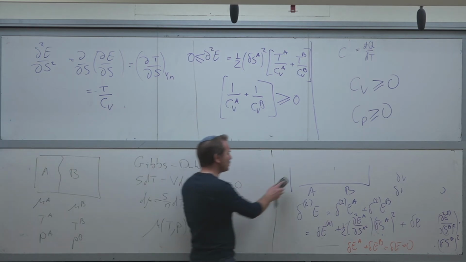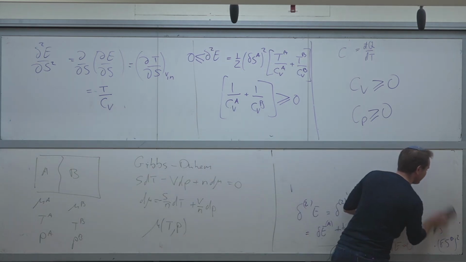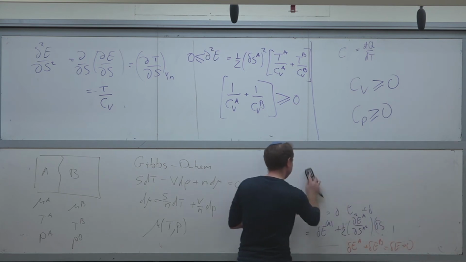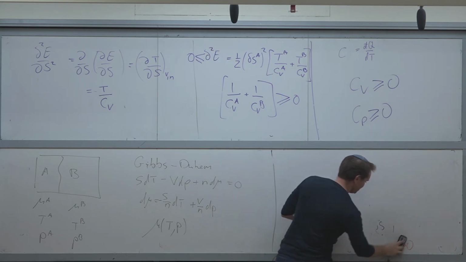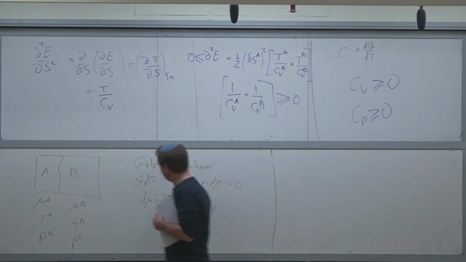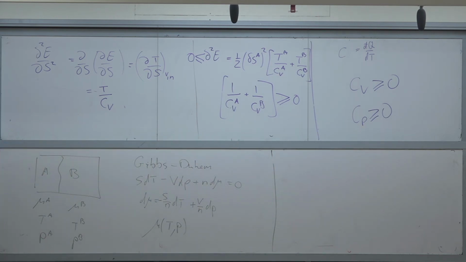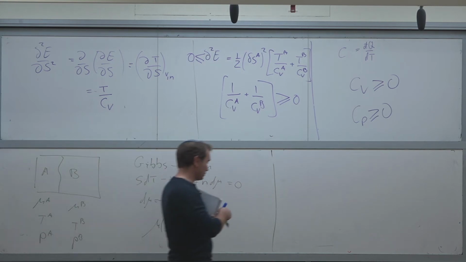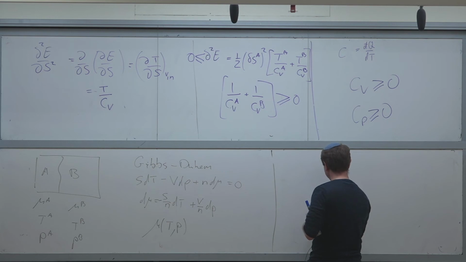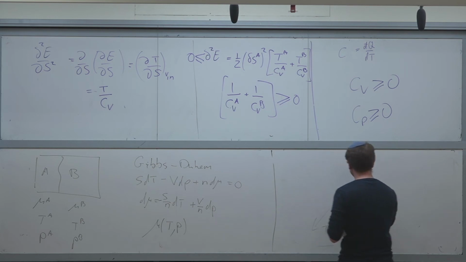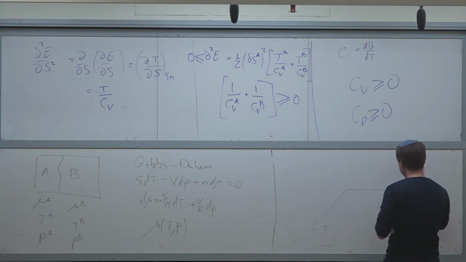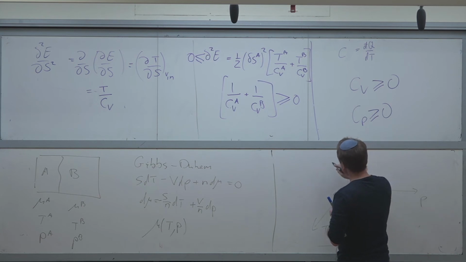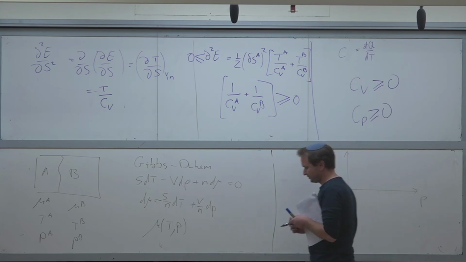Okay? Let's look at this graphically. So we have here T. We have here P, and we have here the axis of mu.